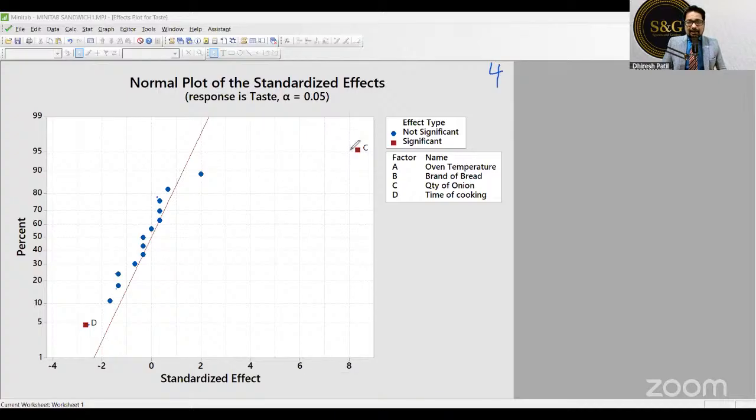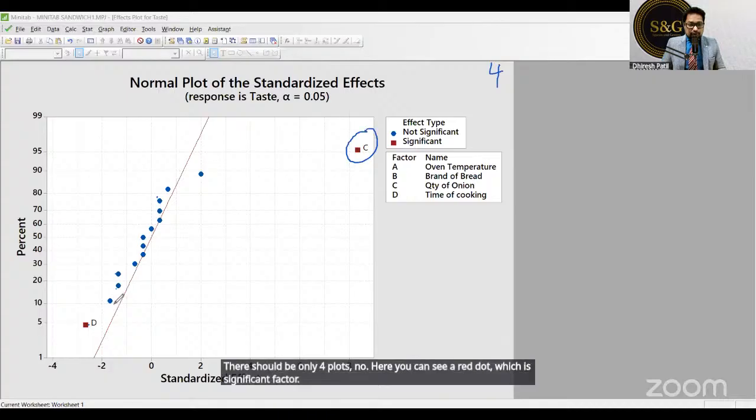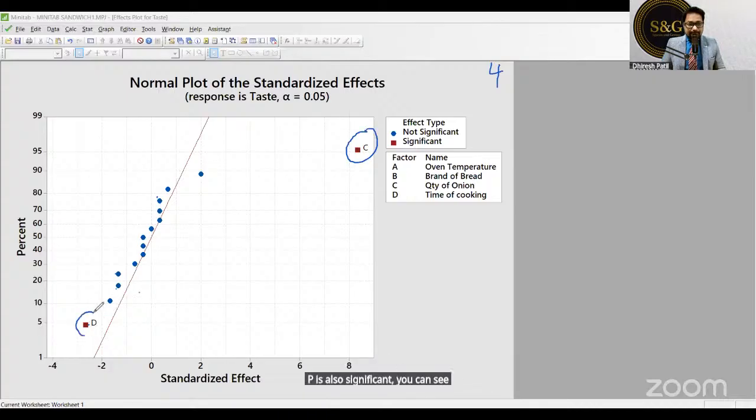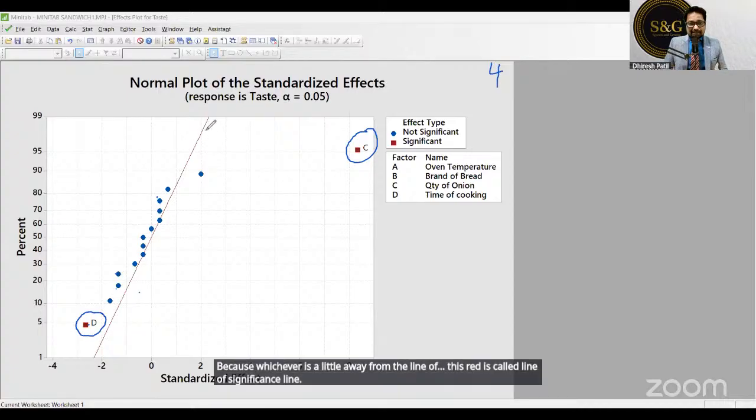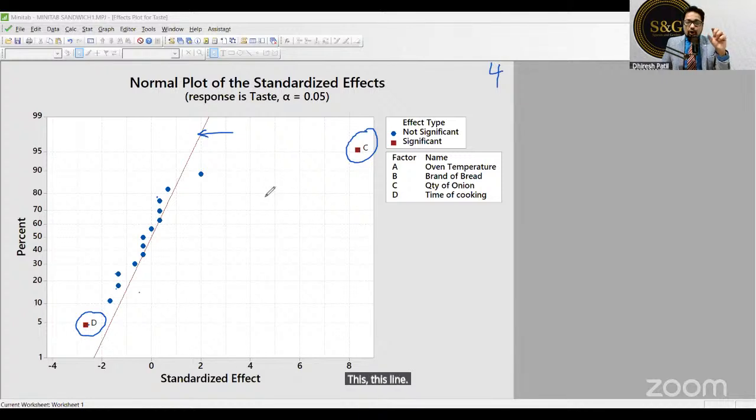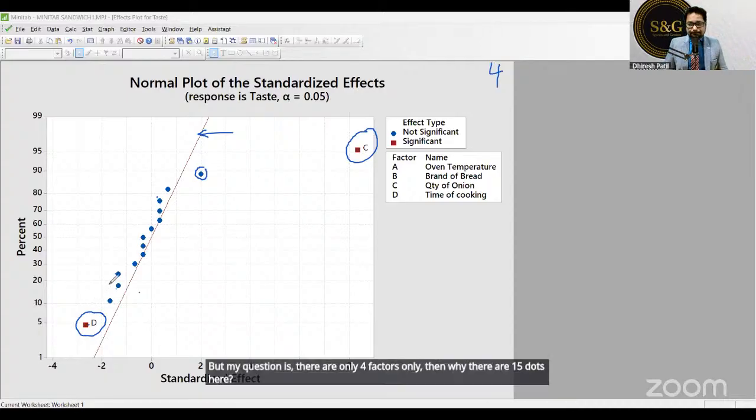Here you can see a red dot which is a significant factor. D is also significant, you can see red here. Whichever is a little away from the line of significance, this red line, is significant. Any dots which are away from this line are significant. This one is also a little significant but at the very boundary level. But my question is, there are 4 factors only, then why are there 15 dots here?